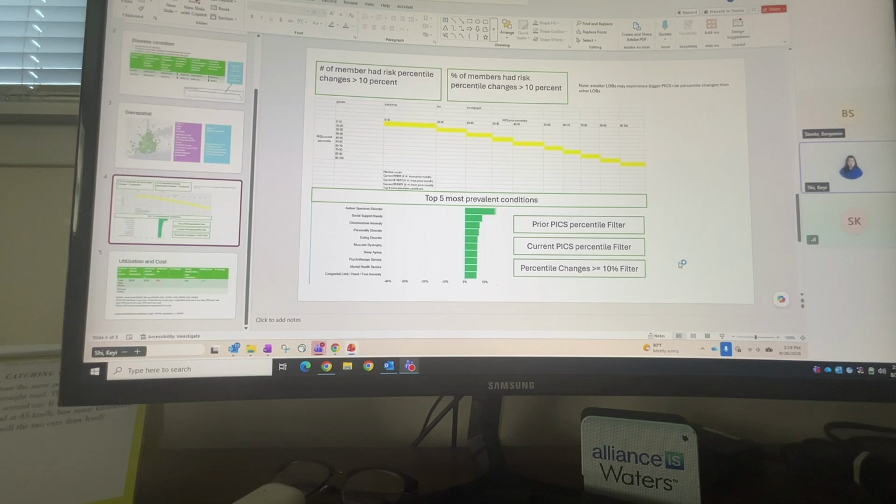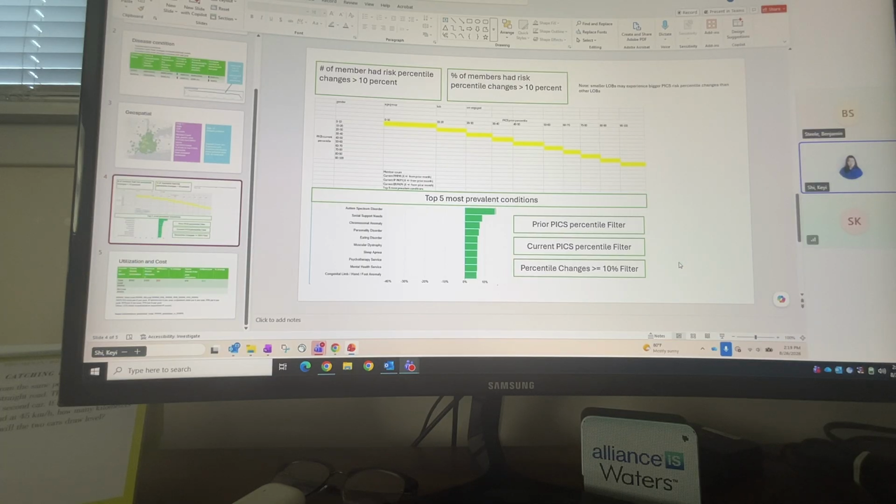Yeah, like if we have a member search page, I think you have greater than 10% as a big percentile change. And if we hit that, what would be the 5 most prevalent conditions?